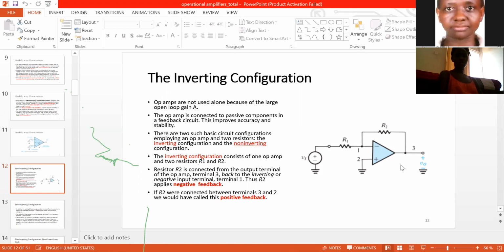And we mentioned that the inverting configuration has a resistor R1 and R2, with R2 in the feedback loop that is connecting between input and output. We can also say that resistor R2 applies negative feedback.